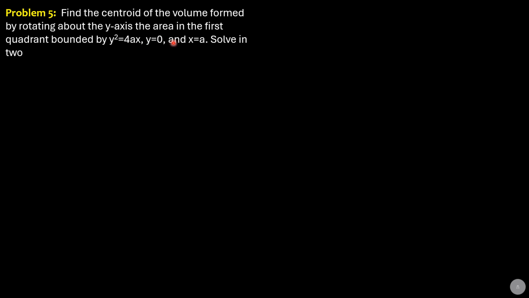So problem 5, find the centroid of the volume formed by rotating about the y-axis the area in the first quadrant bounded by y squared equals 4ax, which is a parabola open to the right, y equals 0 and x equals a, solved in two ways.